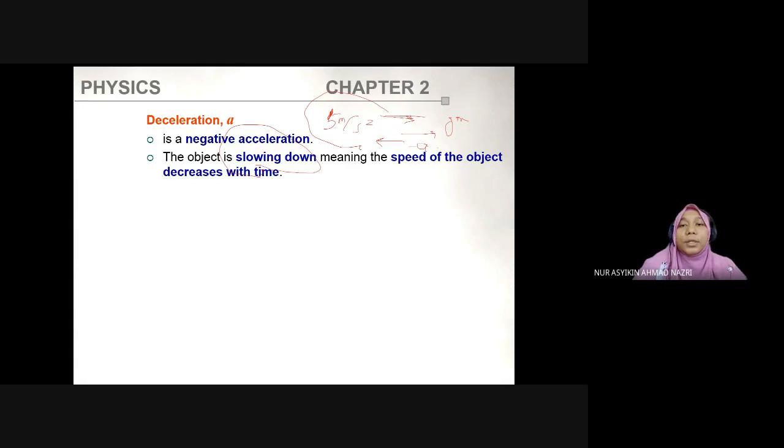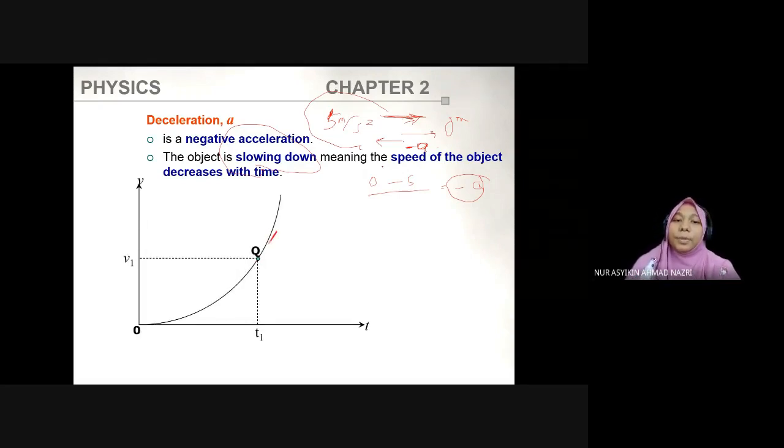Okay, so motion masih in this direction. But the acceleration is negative sign, showing that it having deceleration. Why? Because bila kita ambil macam ni, our final velocity is 0 minus 5. So we get negative acceleration, or we call it deceleration. So dia akan decrease, means that it occurs when the speed or the velocity decreases with time. Macam ni.